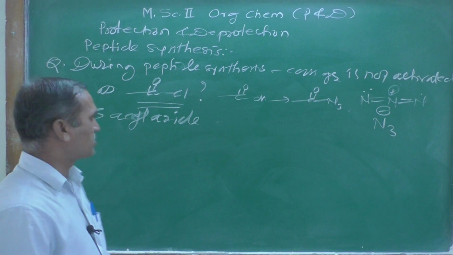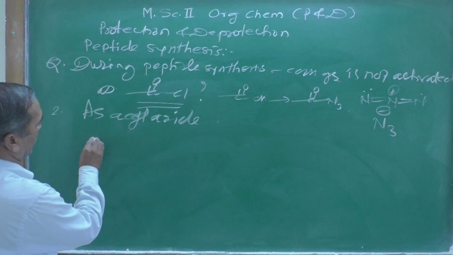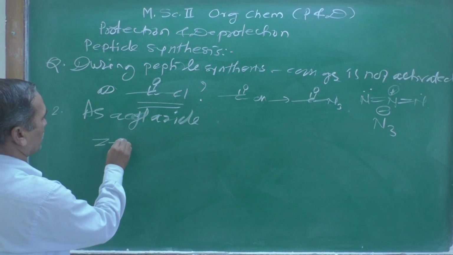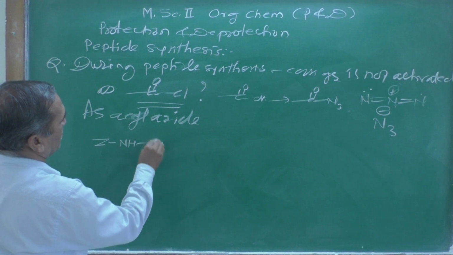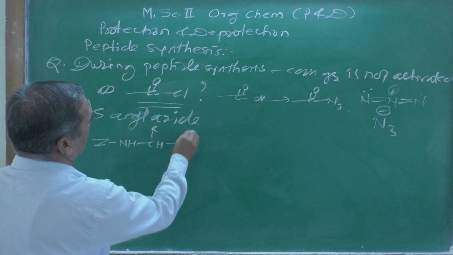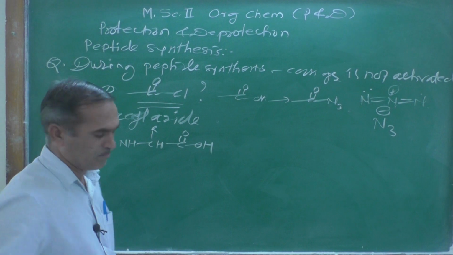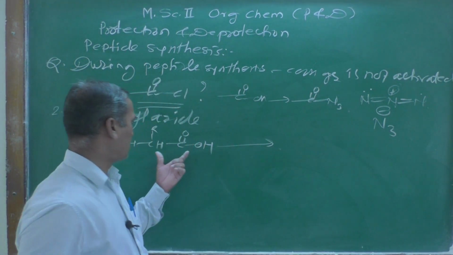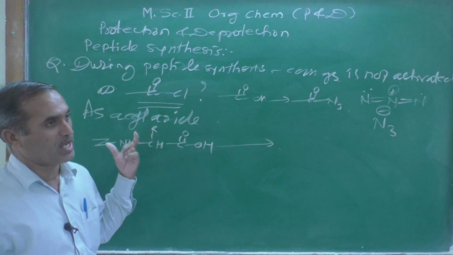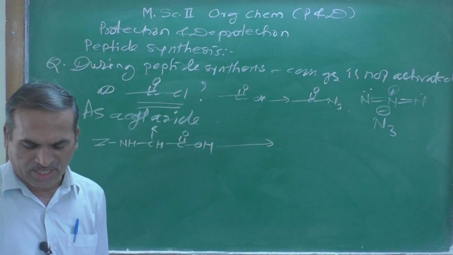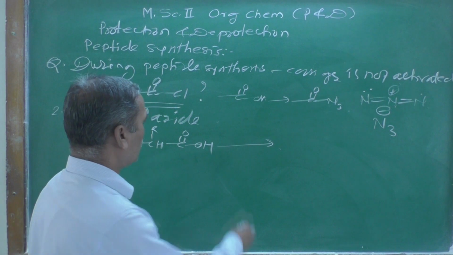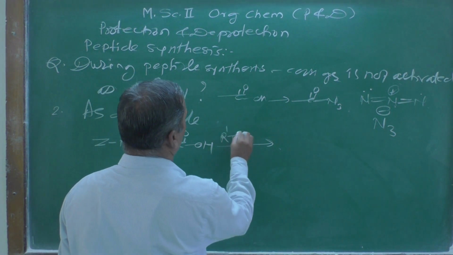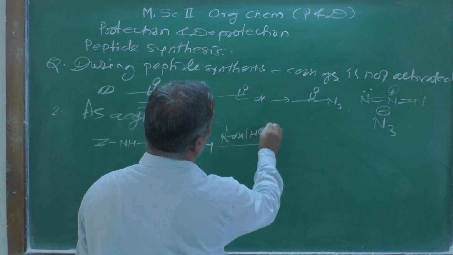So now let us consider here again Z is a protecting amino acid, CH, C double bond O, OH, right? And this protected amino acid can be treated with alcohol, that is R dash OH, in presence of H plus.